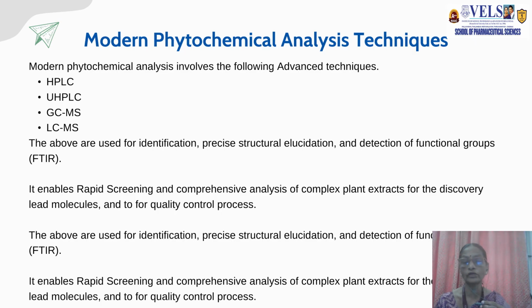So always you have to combine techniques, either GCMS or LCMS or HPLC with FTIR. It enables the rapid screening and comprehensive analysis of complex plant extracts for the isolation of lead molecules and for quality control processes.